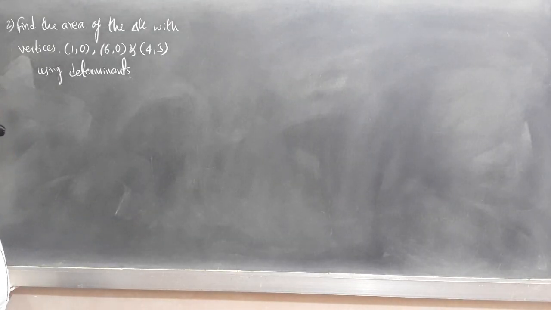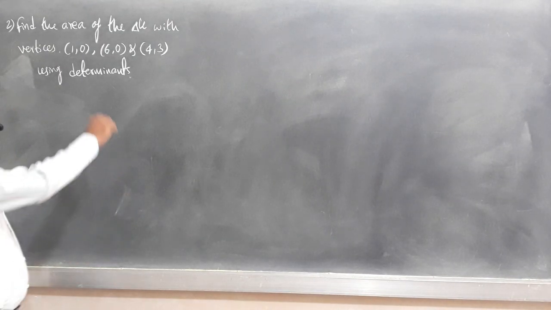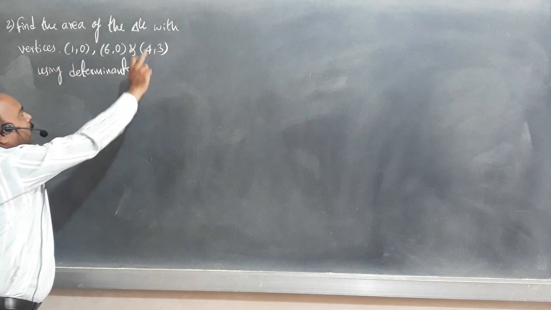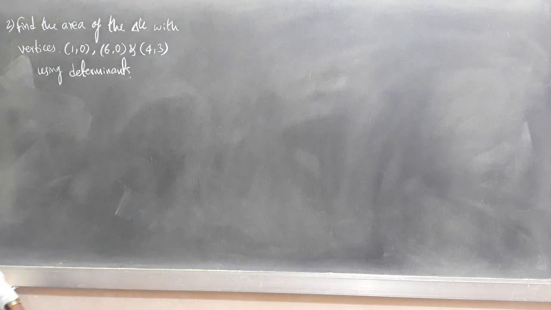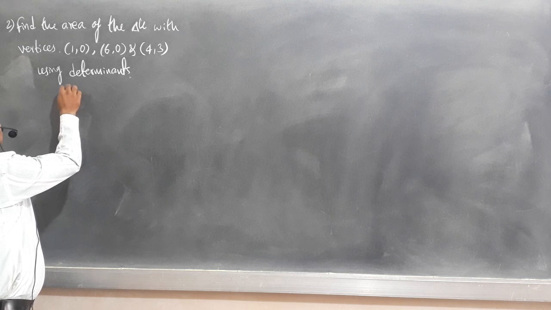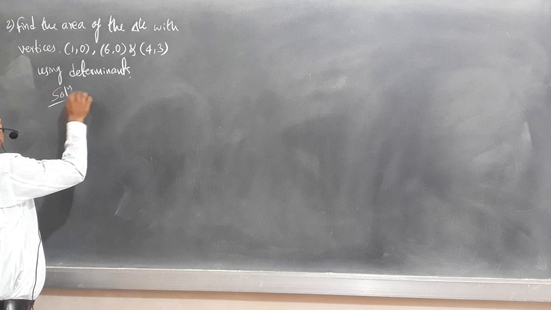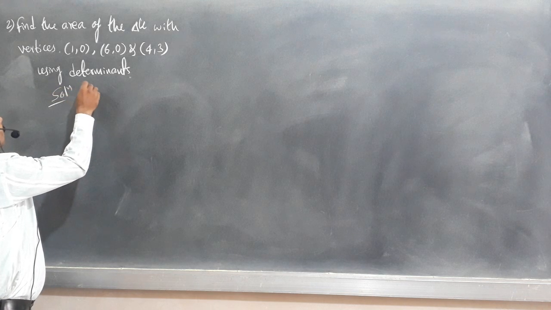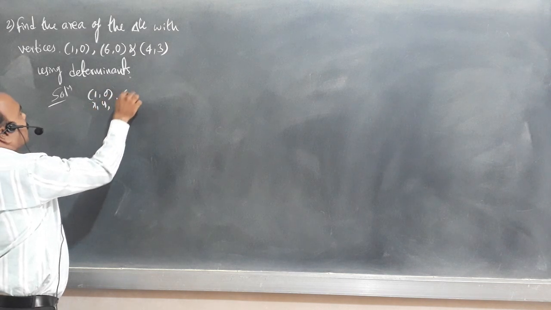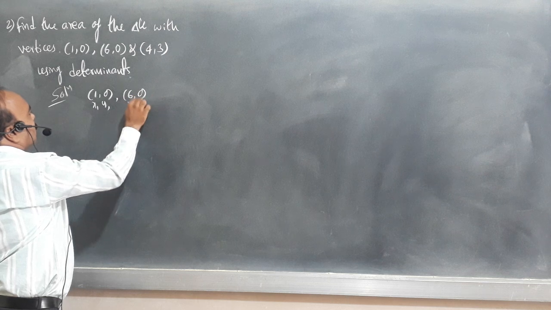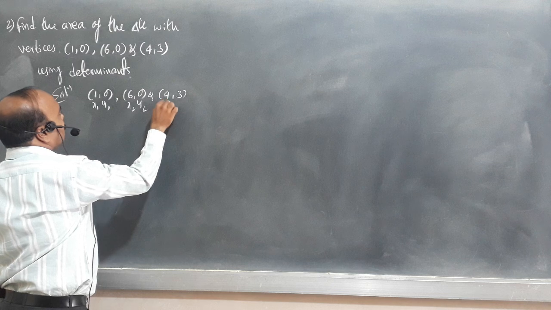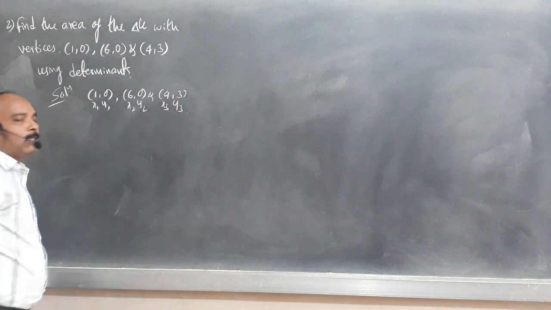Now we go for the second example. Find the area of the triangle with vertices (1, 0), (6, 0) and (4, 3) by using the determinants method. Now we go for the solution of this. It is given: first vertex (1, 0) we take as x1, y1, second (6, 0) as x2, y2, and third (4, 3) as x3, y3.